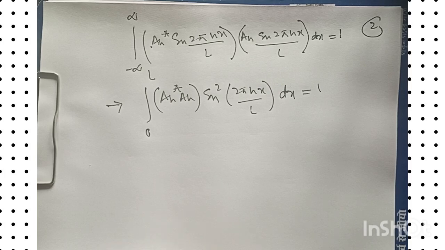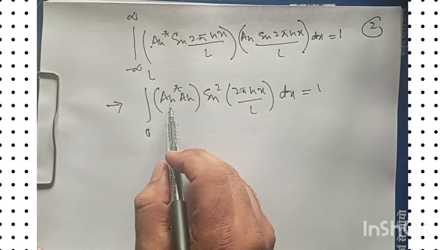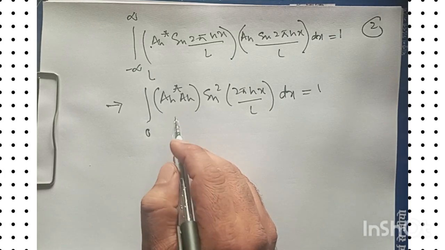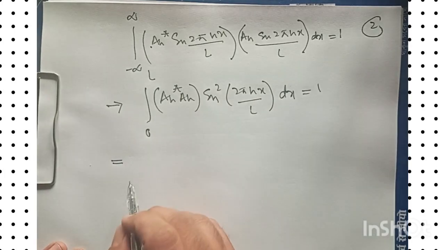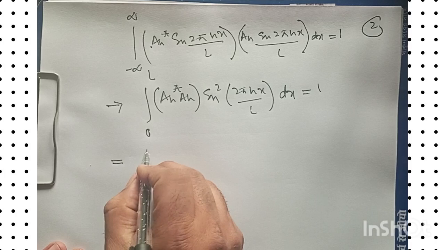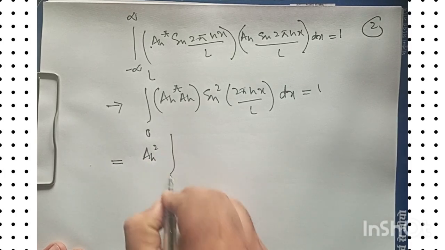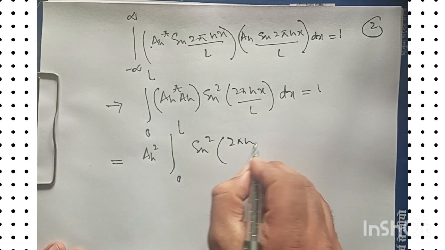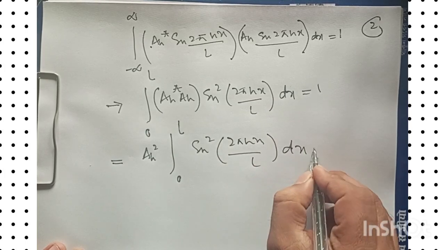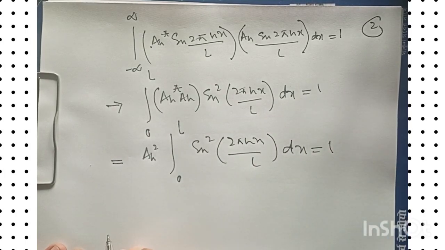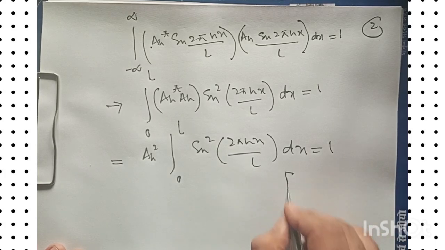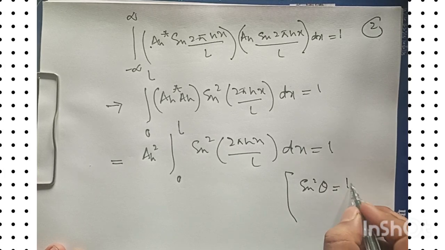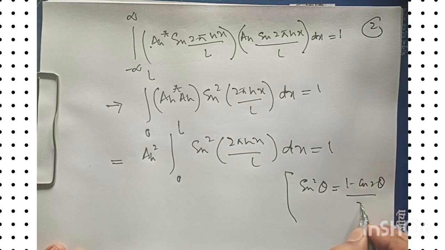What we understand is that if you have a complex number and its complex conjugate, we would like to have its magnitude, because that will ultimately give us a real number. So I can write down here An square, integral 0 to L, sine square 2 pi nx by L dx is equal to 1. Now for this we have a formula for sine square theta, and that is (1 minus cos 2 theta) by 2.